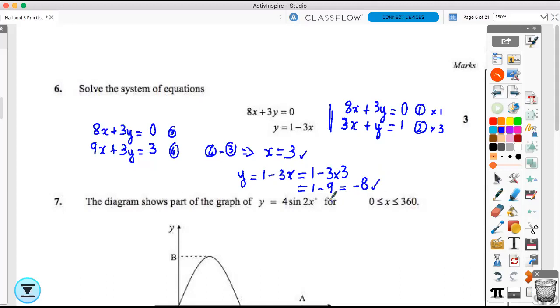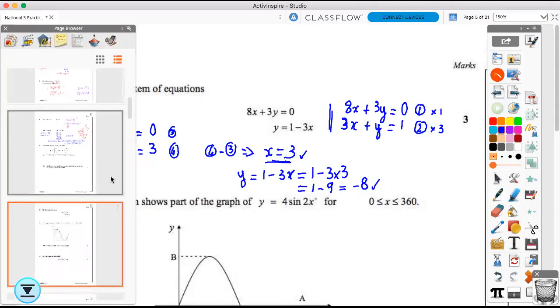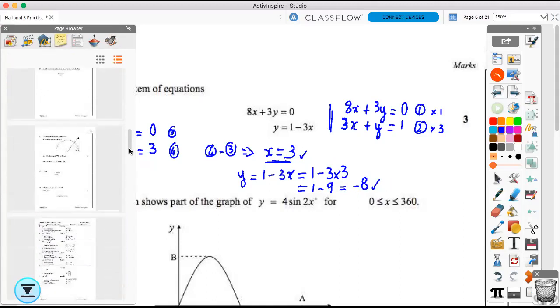So one mark is to decide which process you will use. Showing that you've got a process gives you a mark. Then the other last 2 marks are for x equals and y equals. And like I said, if you go to the paper in the middle, it would explain it.